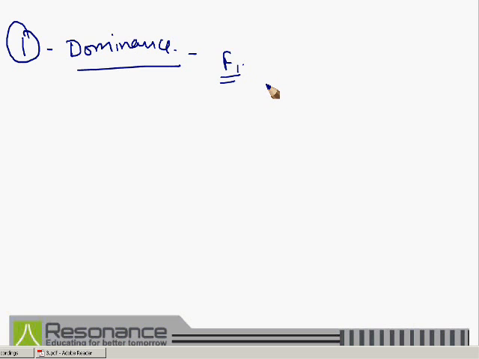When 2 homozygous individuals with one or more sets of contrasting characters are crossed, the characters that appear in F1 generation are dominant, and the characters not expressed in F1 generation are recessive. This was based on Mendel's monohybrid cross.